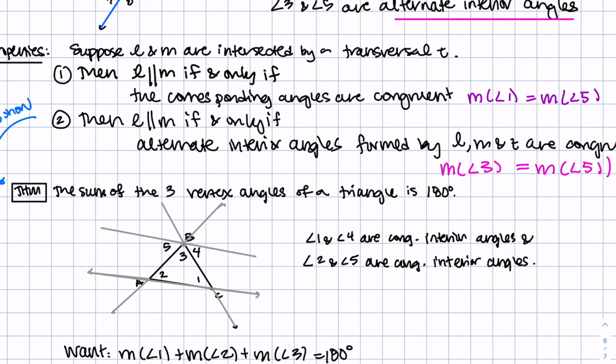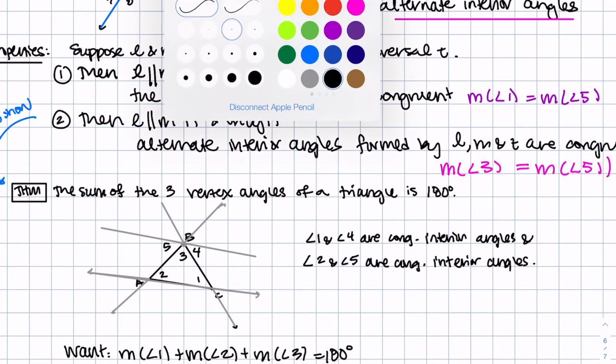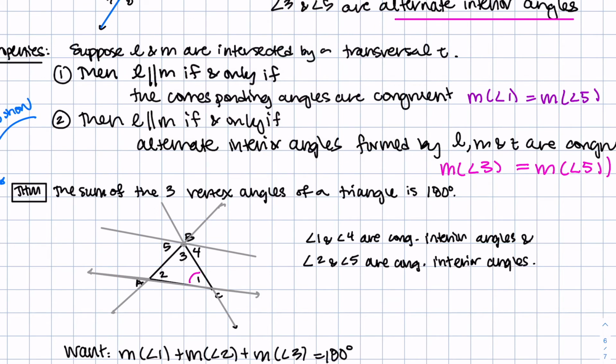One thing we should notice first is that angle 1 and angle 4 should be congruent. Let's label these so we see angle 1 is here and angle 4 is here. They should be congruent because they're alternate interior angles.